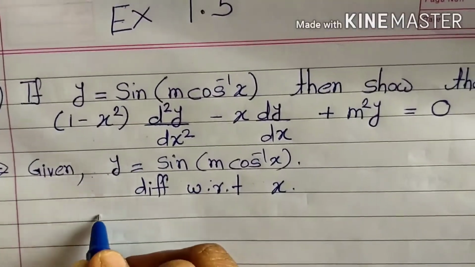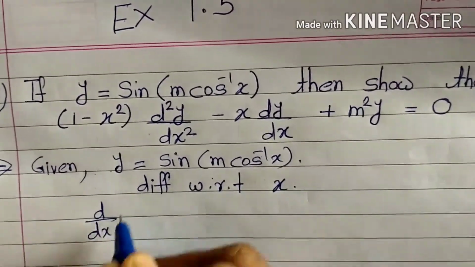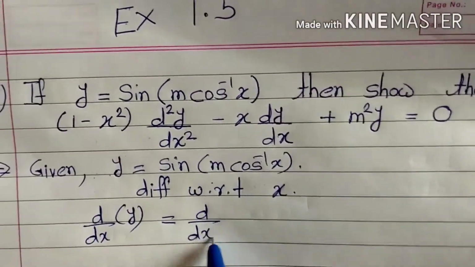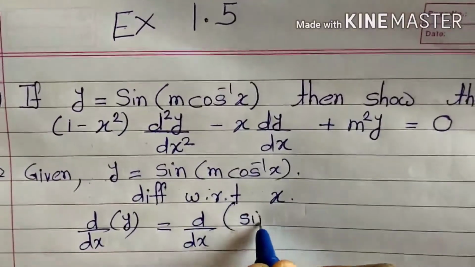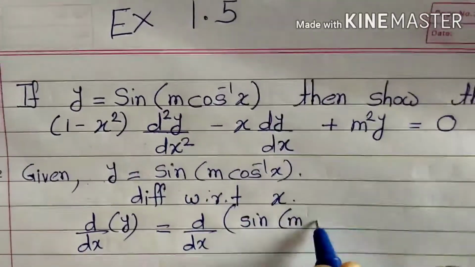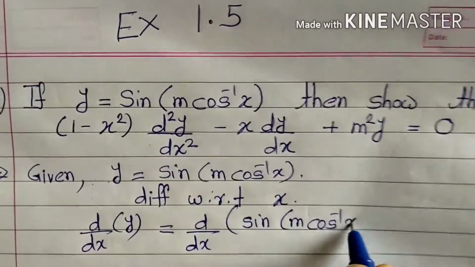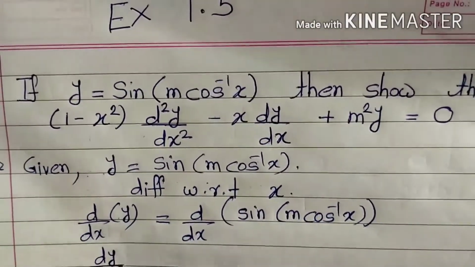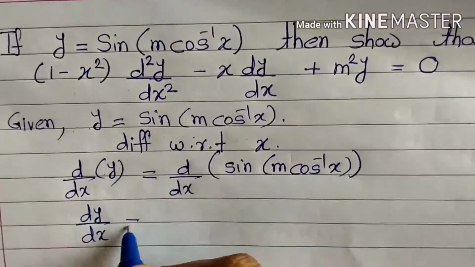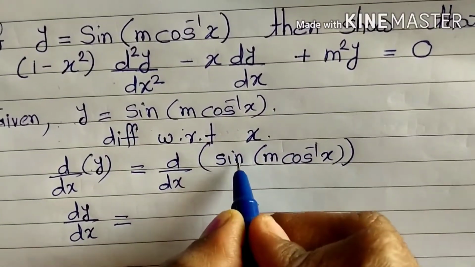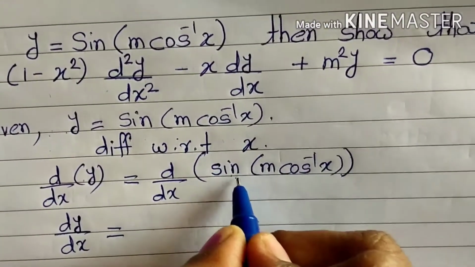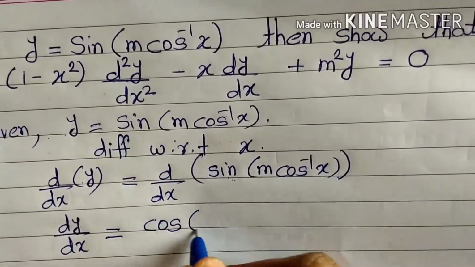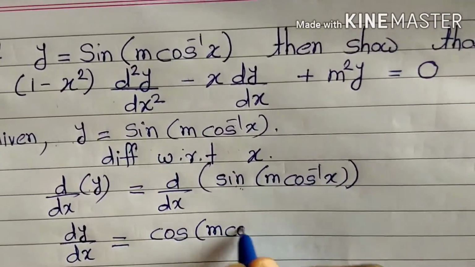So take differentiation, d by dx of y is equal to d by dx of sin(m cos inverse x). So the derivative of y, dy upon dx, is equal to, now we know that the derivative of sine is cos, so cos(m cos inverse x).